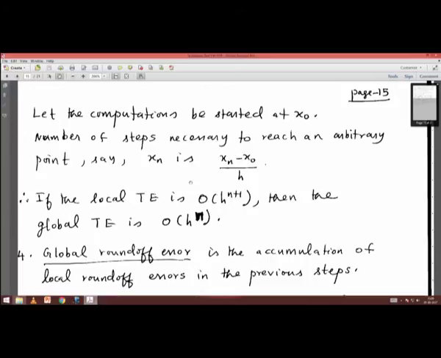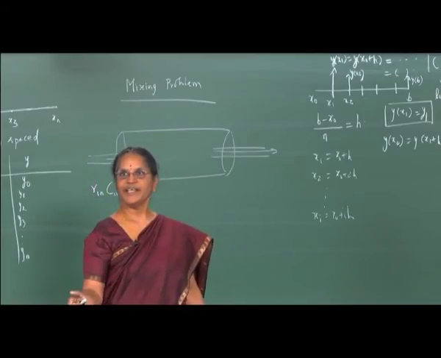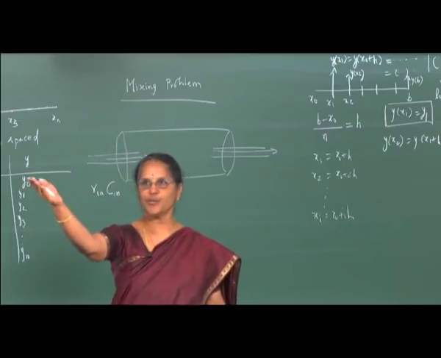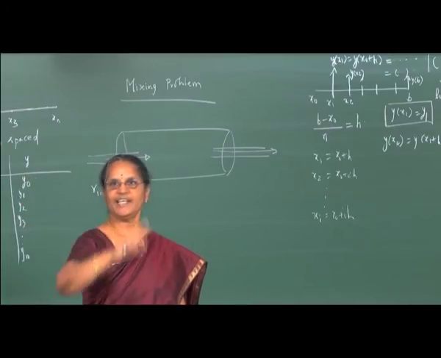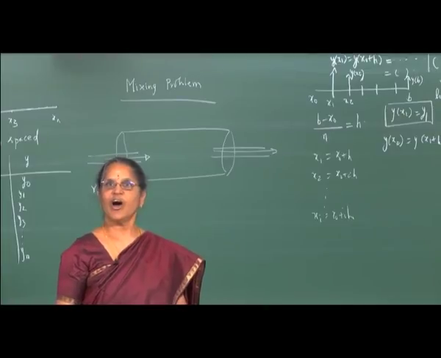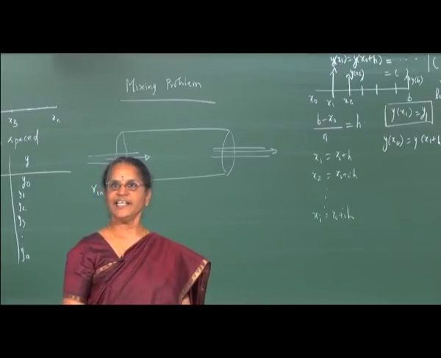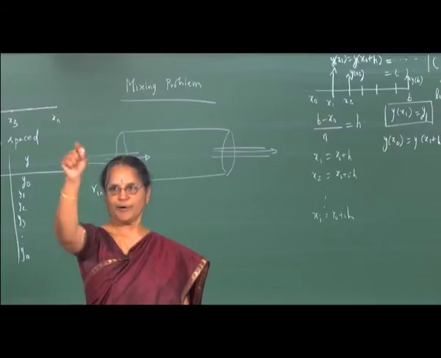You have moved so many steps. The number of steps is given by xn minus x naught by h. So, if the local truncation error at each step is of order of h power n plus 1, why? You have used a Taylor series method of order n by retaining terms up to h to the power of n.